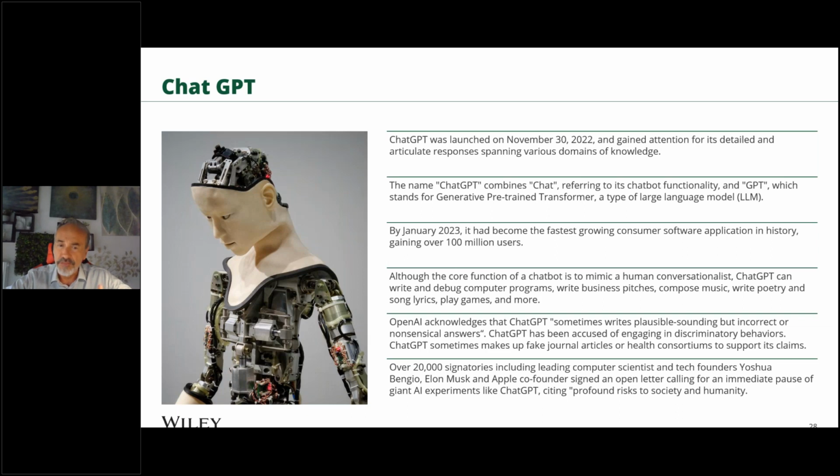ChatGPT has been accused of engaging in discriminatory behaviors, and sometimes makes up fake journal articles or health consortiums to support its claims. It is important that you are all aware of the limitations and the risks that you incur while using ChatGPT for writing your article. Over 20,000 signatories, including Joshua Bengio, Elon Musk, and the Apple co-founder, signed an open letter calling for an immediate pause of giant AI experiments like ChatGPT, citing profound risks to society and humanity. I guess you all know that.